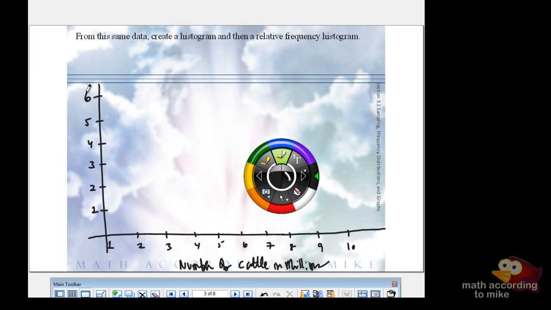Not the leaves. In terms of the problem, it does represent the frequency, but in the terms of the problem, number of countries.